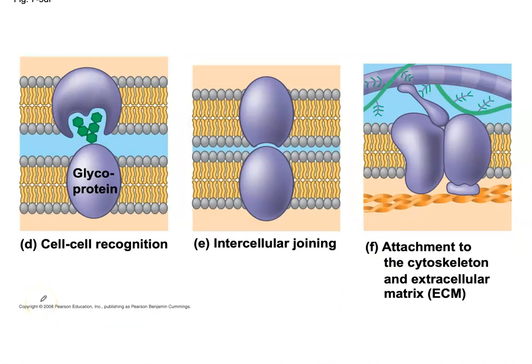The next thing that your cell also does is cell-to-cell recognition. This is usually done by glycoproteins and stuff like that sticking out on the periphery of the cell itself.